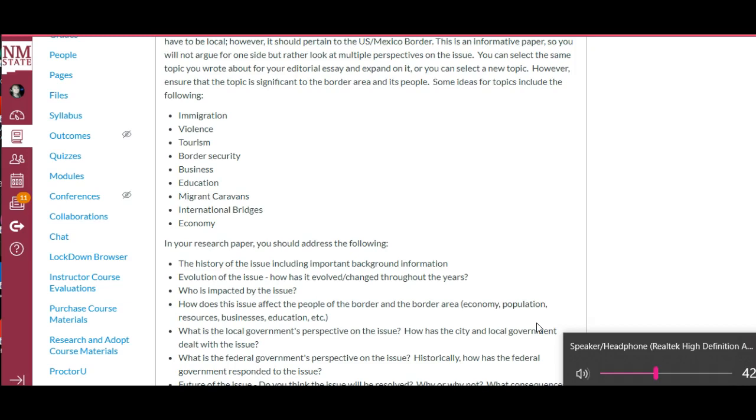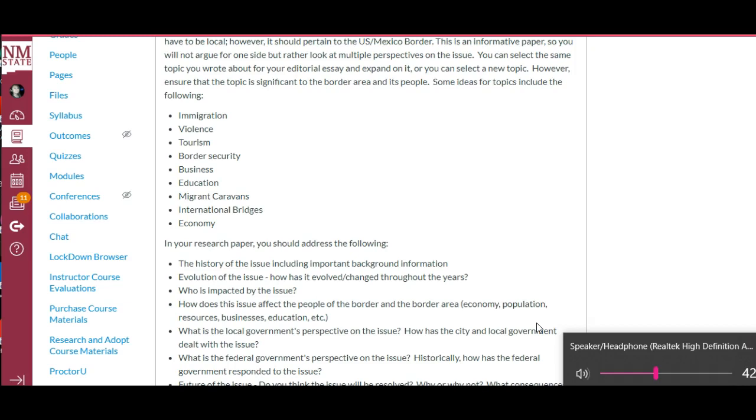Something else that I should point out is that the topic does not have to pertain only to El Paso. As long as it pertains to the US-Mexico border, your topic will work. So for example, if you want to focus on cartel violence, it has affected mostly the Juarez area, but for the most part, El Paso is a pretty safe city.